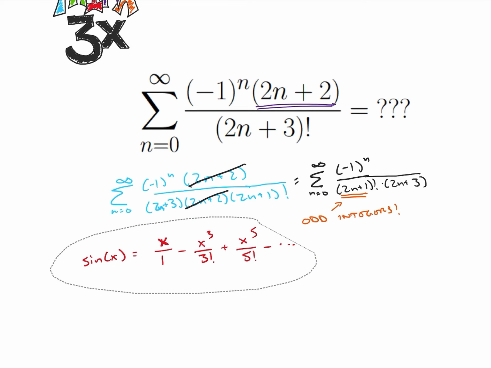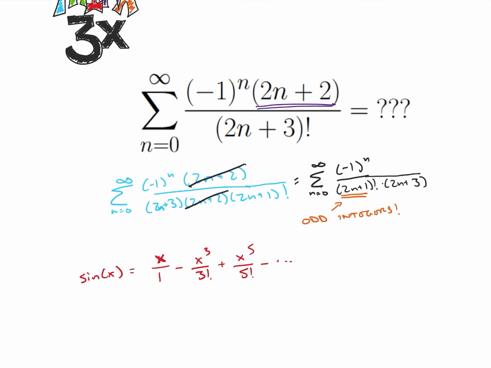I can write this as the sum from n equals 0 to infinity of (-1)^n times x^(1+2n), so our odd powers, divided by (2n+1)!.